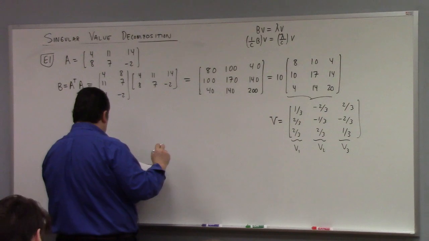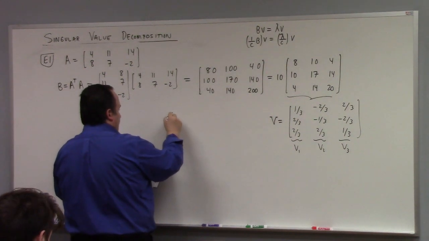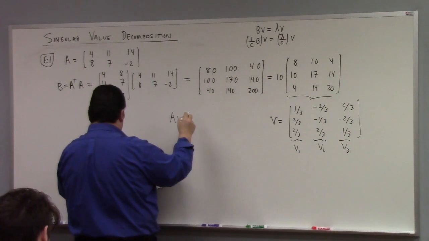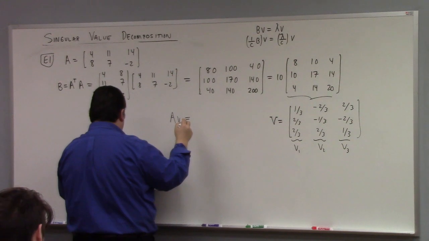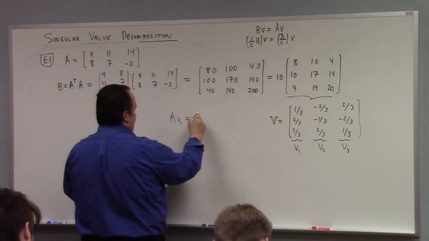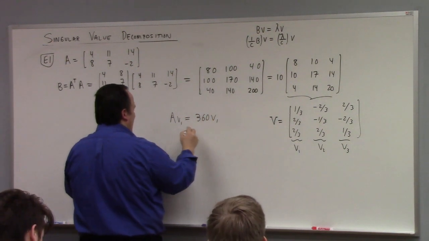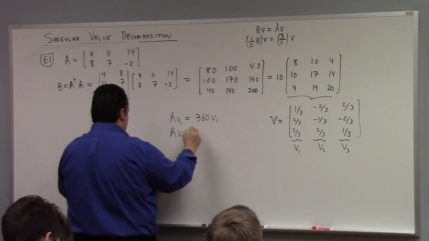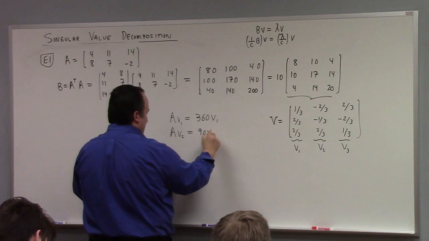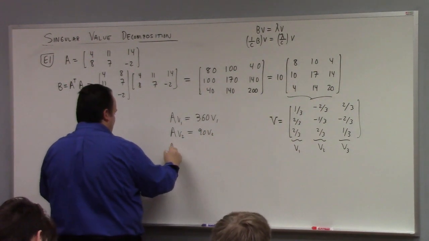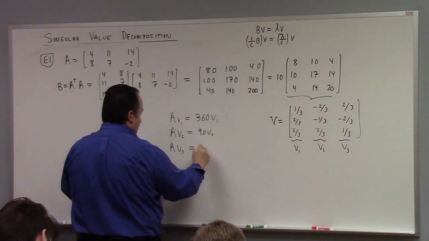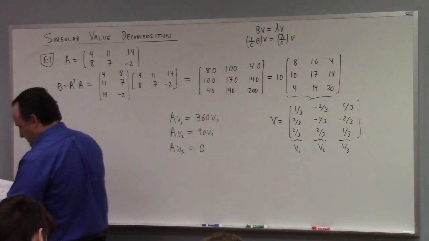And you can pretty easily calculate that AV1 is equal to, I gotta work backwards from his singular values. Oh, 360. Wow. 360 V1. AV2 is 90 V2, all right? And AV3 is equal to, well, 0. Okay?